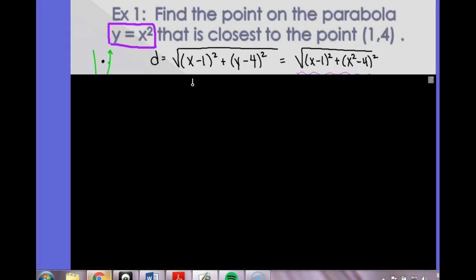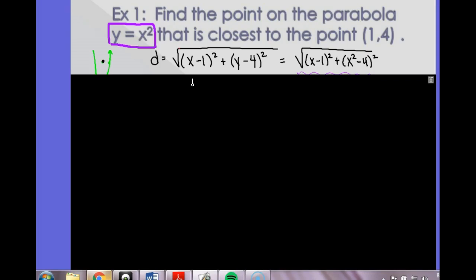So we are trying to minimize. How did you get to that? We're trying to minimize a distance. In order to minimize or maximize, the other day we talked about how we have to get everything in terms of one variable. So currently in the distance formula you have x and y.